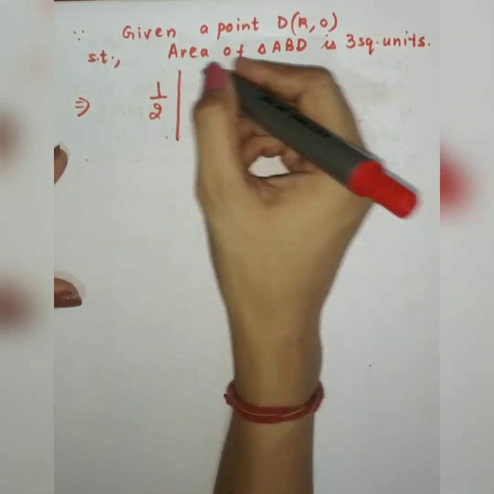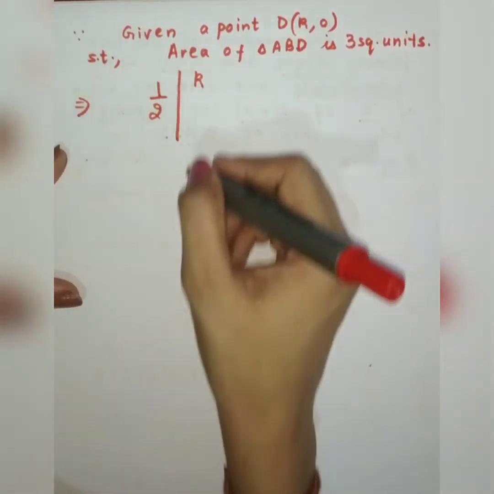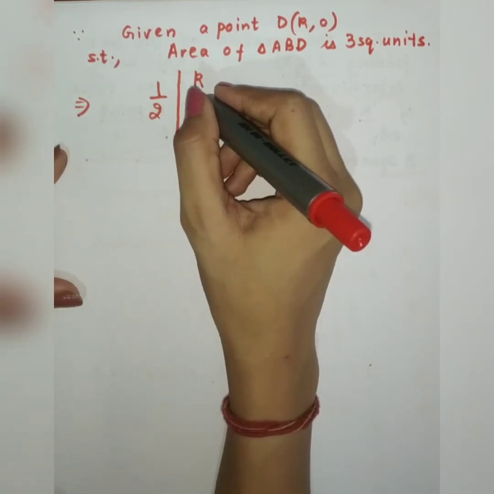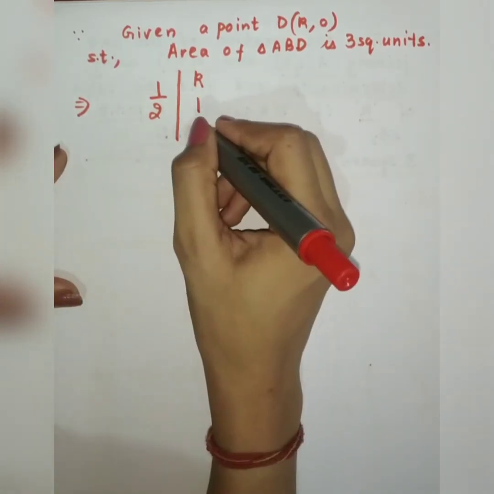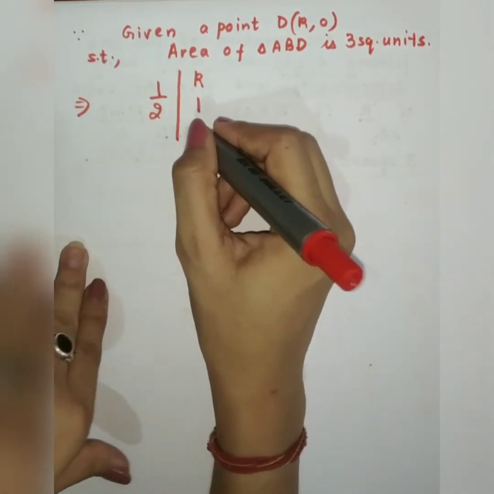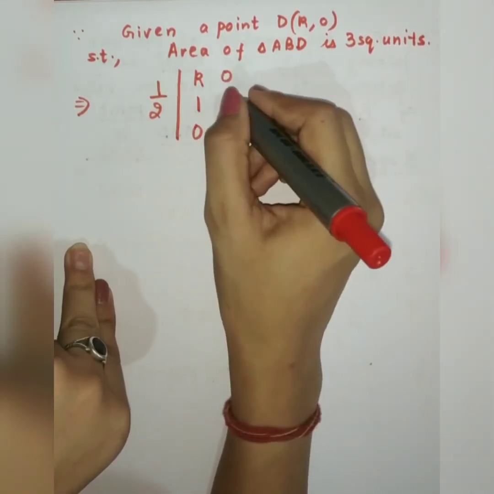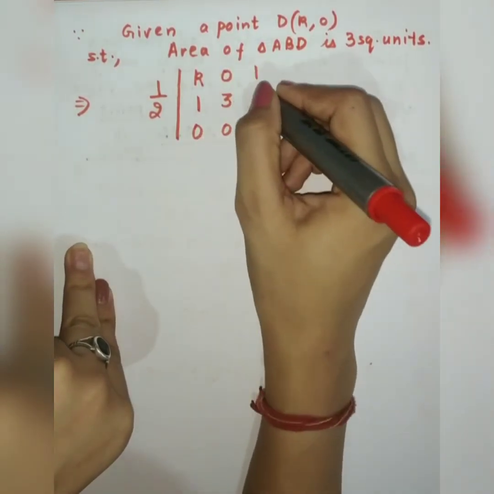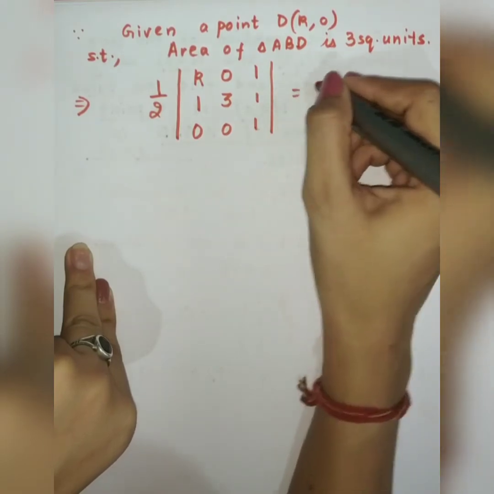For point D we write k, and the x coordinates. A is (1, 3), so its x coordinate is 1, and B is 0. This is 0, 3, 0 and 1 1 1, which equals plus minus 3.